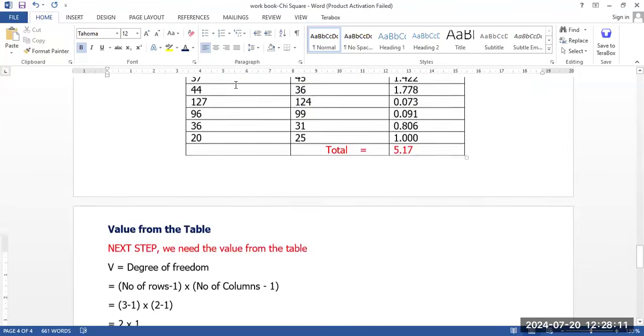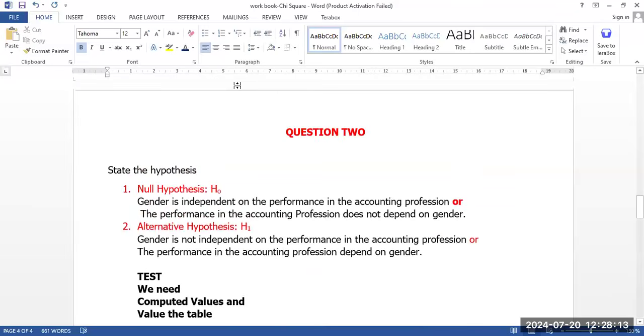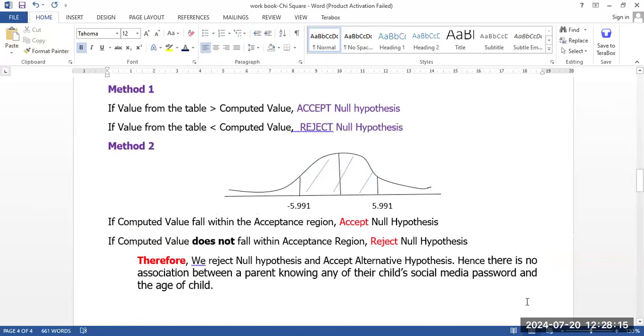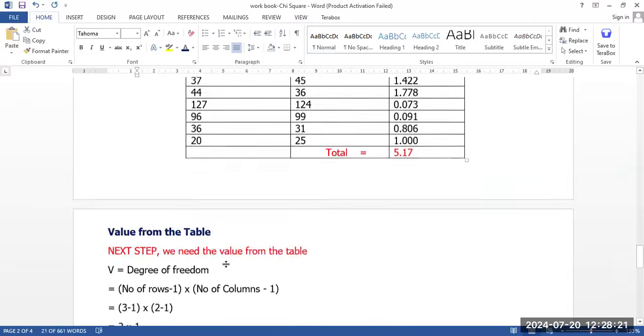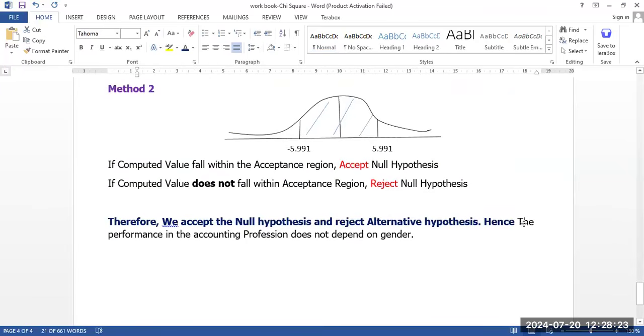In the first question, we accepted the alternative. That's why you see on alternative, we had to put this. Here we are accepting the null, and that's why we are copying the null statement. Therefore, the performance in the accounting profession does not depend on the gender.